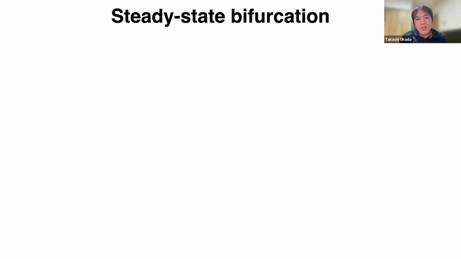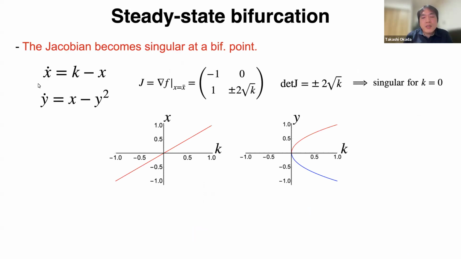I think most of you are familiar with bifurcation analysis, but let me briefly explain basic facts. As you know, a standard way to analyze the stability of a steady state is to compute the Jacobian around the steady state. And when steady state bifurcation occurs, the Jacobian becomes singular because one of the eigenvalues becomes 0. In this example, we have x and y, and so the Jacobian is a 2 by 2 matrix, and its determinant is proportional to square root of k. K is a parameter of this system. So we can conclude that the steady state bifurcation occurs when K becomes 0.